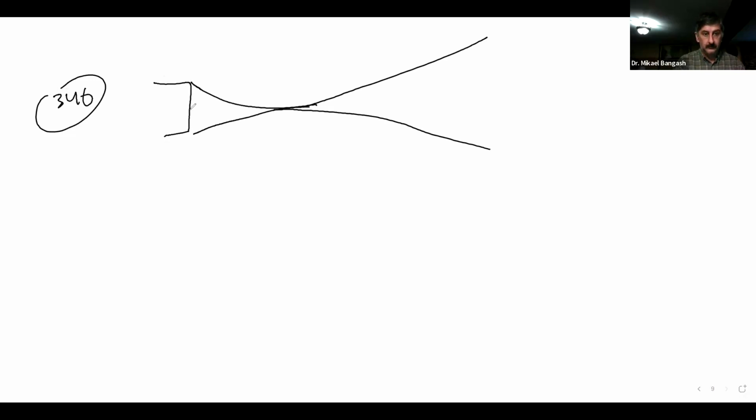Here, focusing improves, but here it starts to degrade.